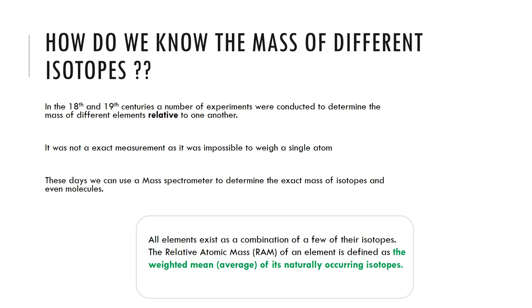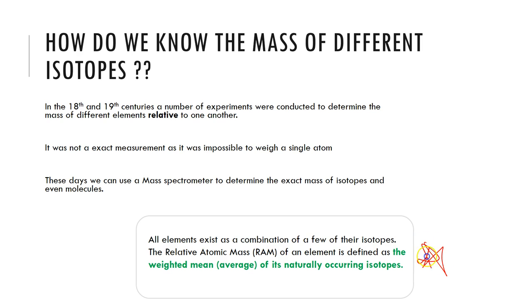These days we have a mass spectrometer, which will actually give us the specific relative mass to charge ratio of species that are put into it. So we can actually see those different isotopes now quite clearly using a mass spectrometer.